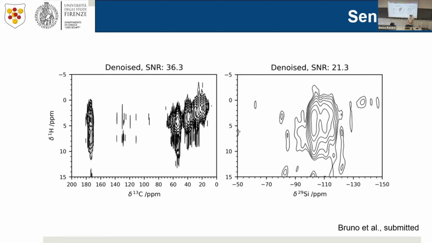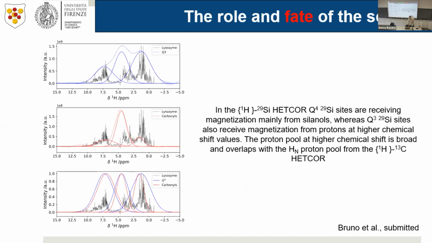On this basis, it becomes easy to extract slices of the proton dimension along the different axes of the spectra. And what we could see, and I will spend some time on this slide because it condenses almost 5 years of work, so it's quite a lot of information for a single slide with three panels.